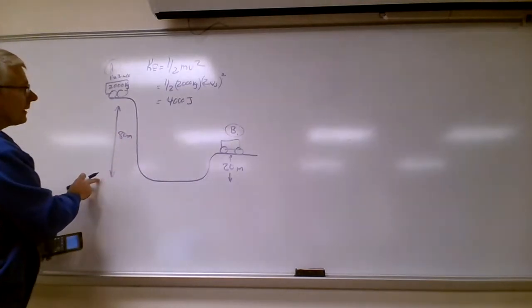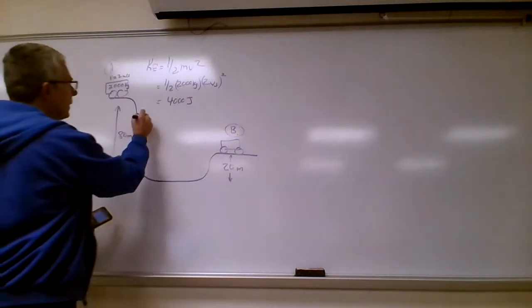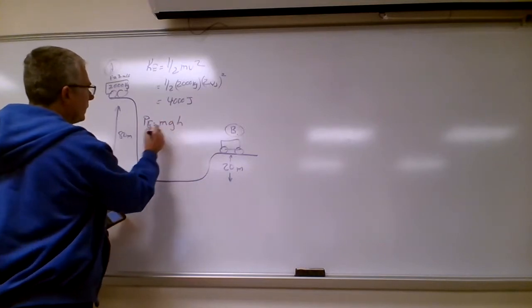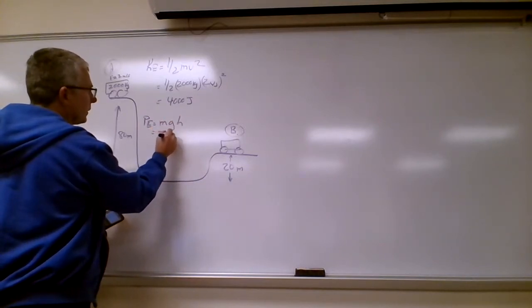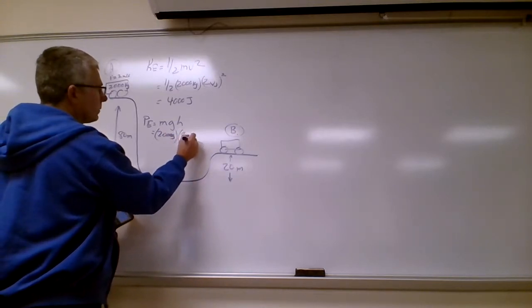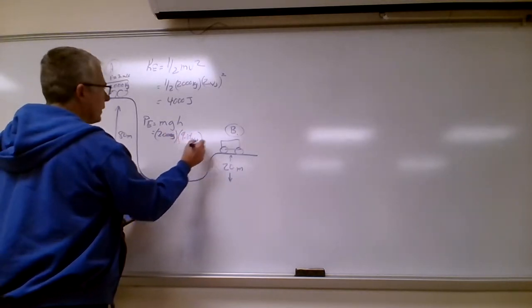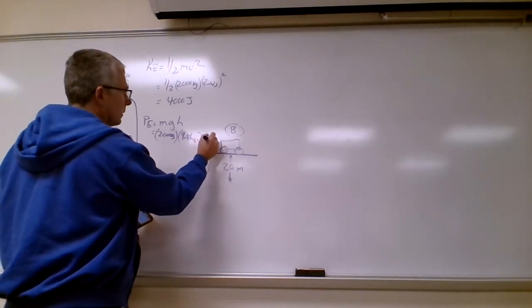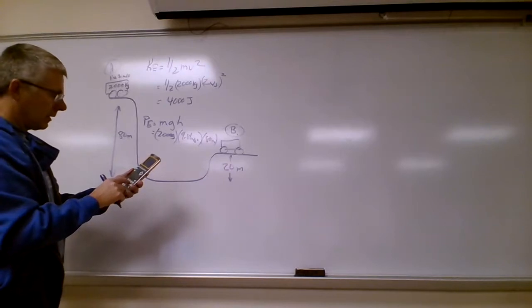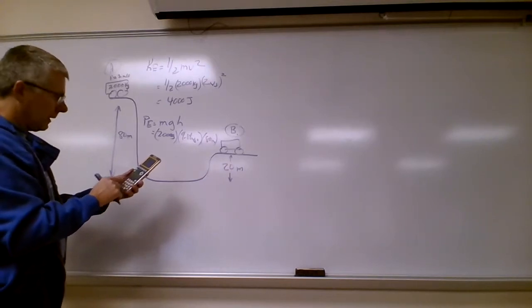Now it also has potential energy here because of the height. And potential energy equals mass, gravity, height. So it's 2,000 kilograms times gravity, 9.81, times the height, which is 80 meters. So 2,000 times 9.81 times 80.